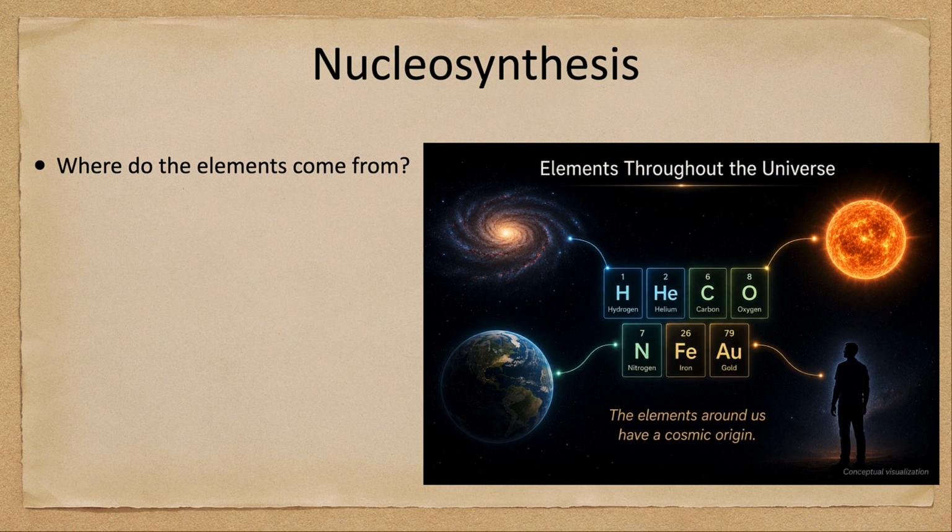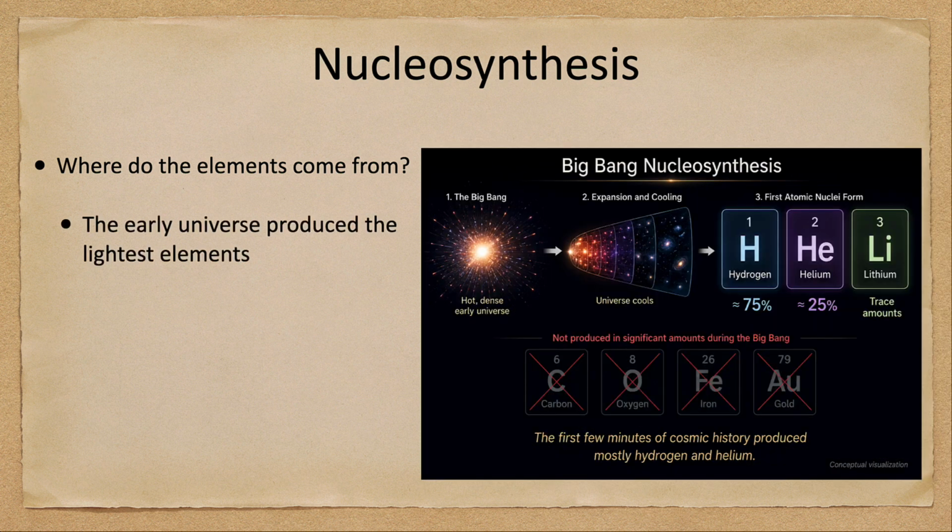Shortly after the Big Bang, the universe was extremely hot and dense. As it expanded and cooled, conditions became suitable for the formation of the first atomic nuclei. Most of the matter produced during this period became hydrogen. A smaller amount became helium, along with tiny traces of lithium.